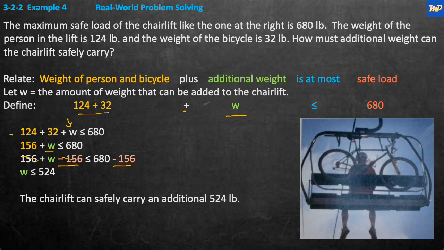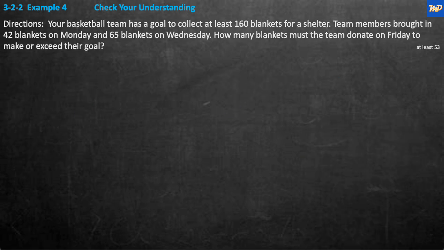So the answer to this question is the chairlift can safely carry an additional 524 pounds. It can carry 523 or 520 or 510 or 400 extra. It just can't carry 525. It can't be over 524. Okay?